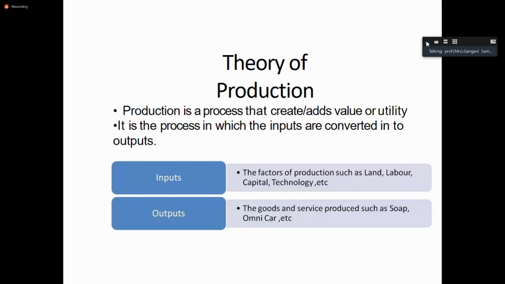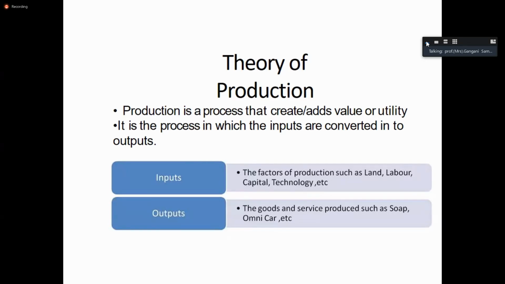So there are many inputs. Let's say in paddy cultivation, we put fertilizer and seeds as inputs. Finally, we get paddy production as the output. So we are putting inputs to take the output. Simple example, let's say you are cultivating brinjal.